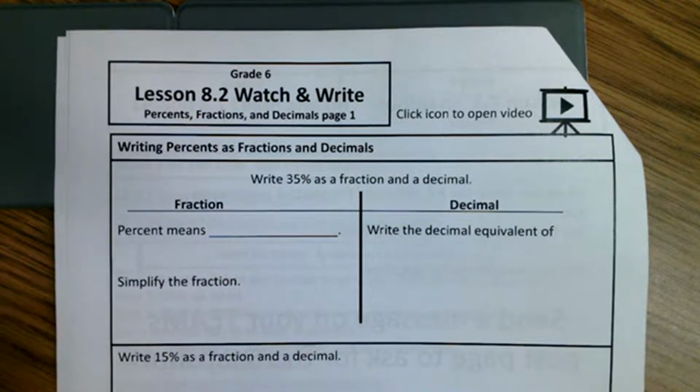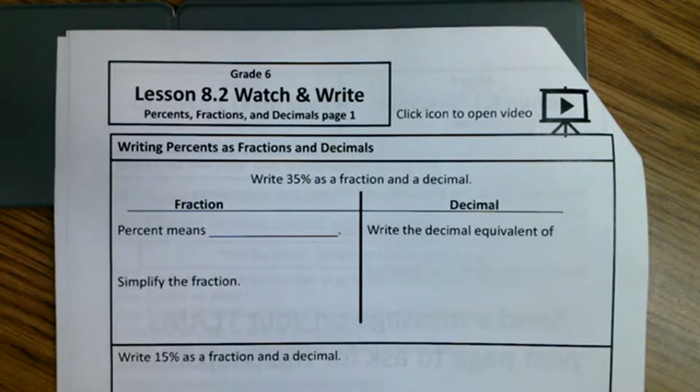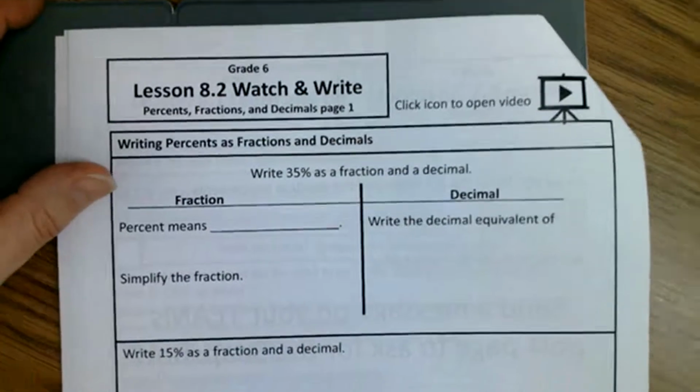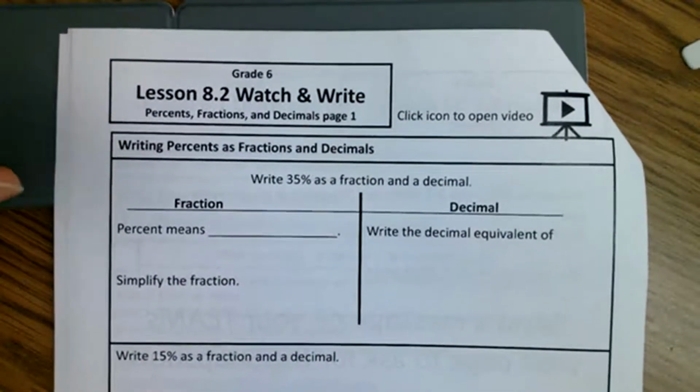A fraction is a part, a decimal is a part, and a percent is also a part. With percents, we are showing how many out of 100. But you can use percents, fractions, and decimals to all represent the same thing.